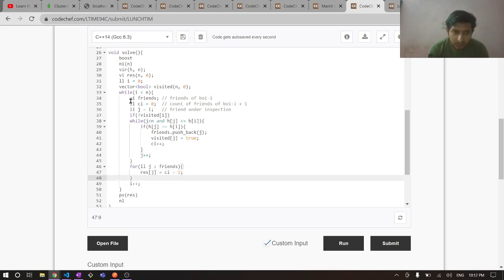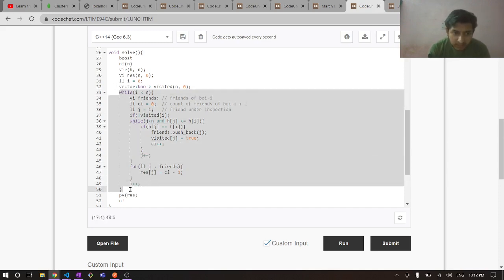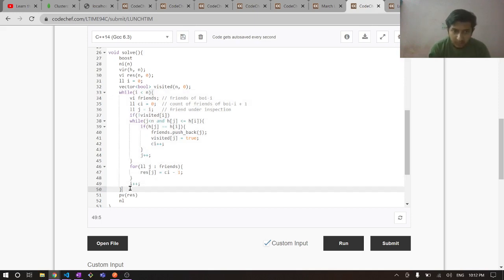And after all this I will increase i, so while i is less than n, just keep on checking. And I have written the condition that if it is not visited, only then do this.